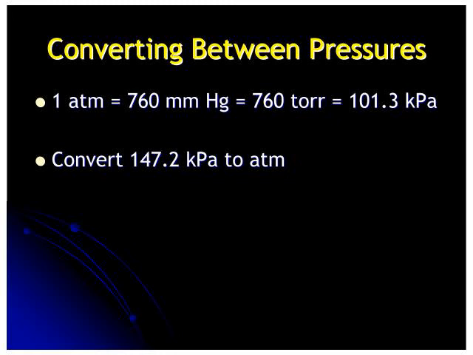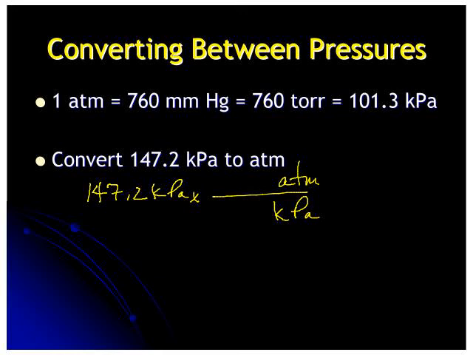Next problem. This time we want to convert kilopascals to atmospheres. 147.2 kilopascals, diagonal down has to be the same units, kPa. We're looking for atmospheres. Next to atmospheres, there's a 1. Next to kPa's, 101.3.